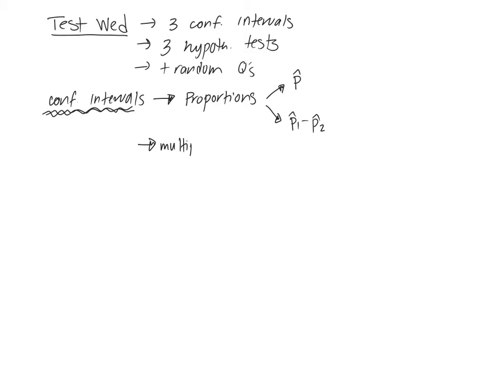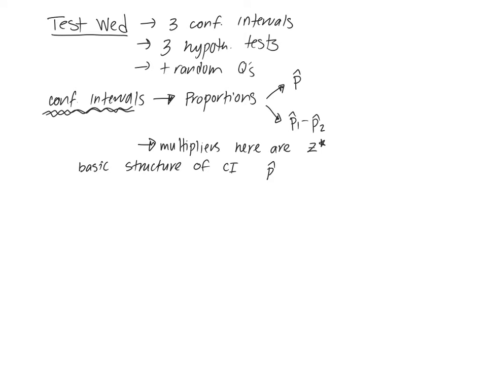Your multipliers here, are they Z star or T star? Z star. There was just a table that gave you common ones like 98, 95, stuff like that. And here's the basic structure of the CI.